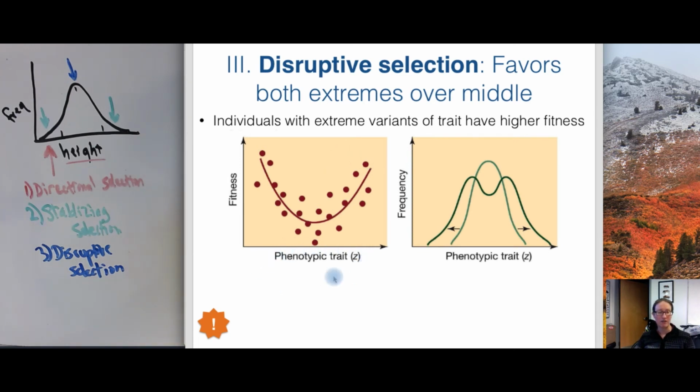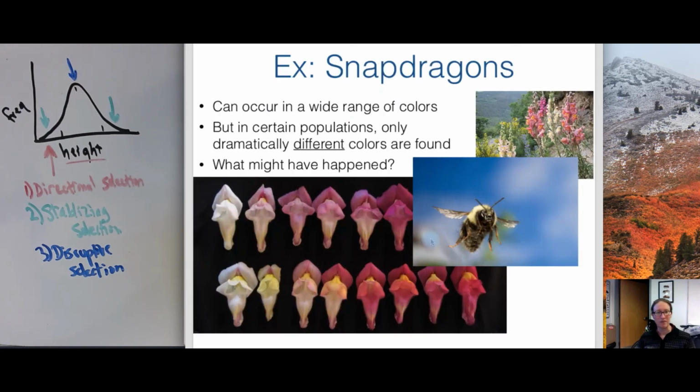So here again is our graph of that trait on the x-axis, biological fitness on the y-axis, and so if you're somewhere in the middle, that's not favored. Instead, the two extremes are favored. And what you wind up getting for that is a trait frequency distribution that starts to have two separate peaks that differ from each other.